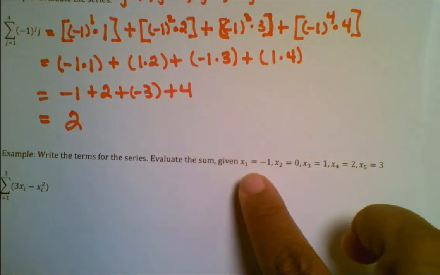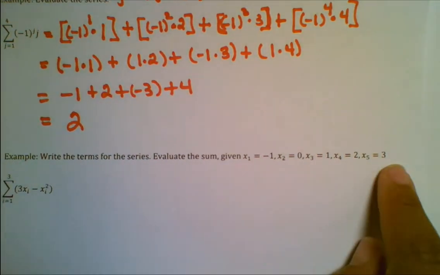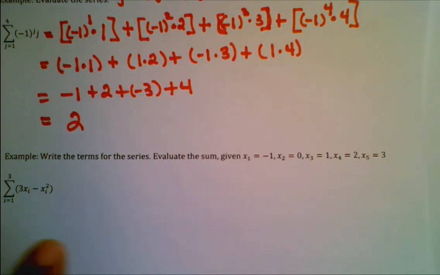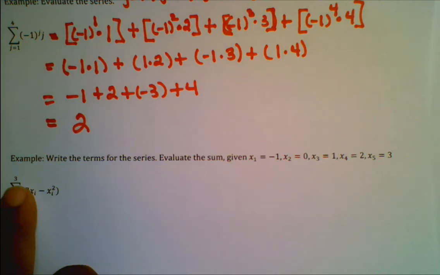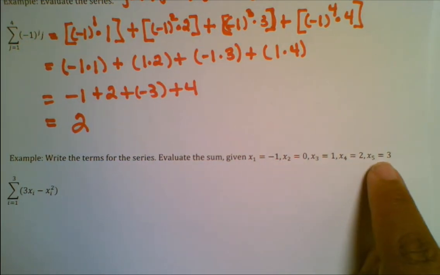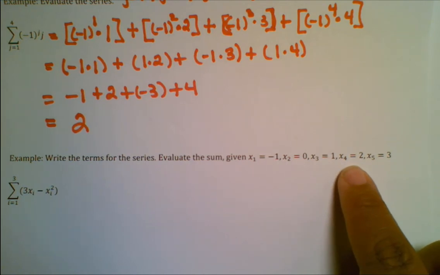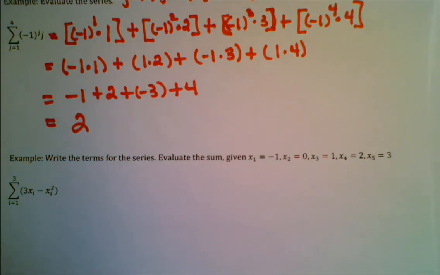Okay, so you're given 5 terms here, but look at our question. It says we want to find the sum of 3 times x of i minus x sub i squared, as i goes from 1 to 3. So if i is going from 1 to 3, do we need these last 2 terms here? No, we don't.